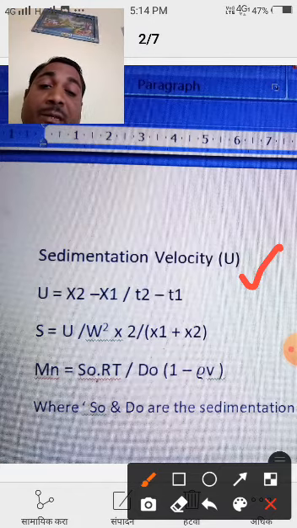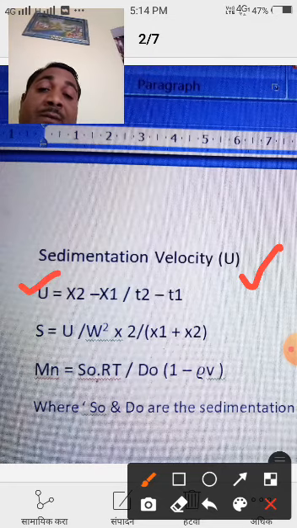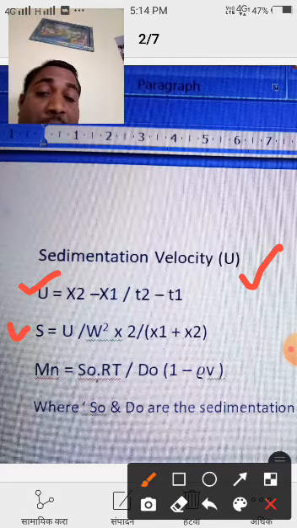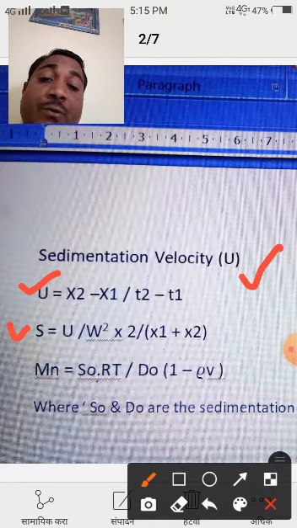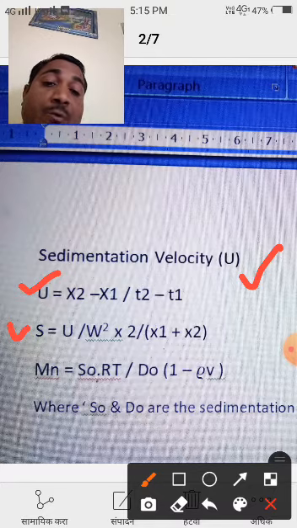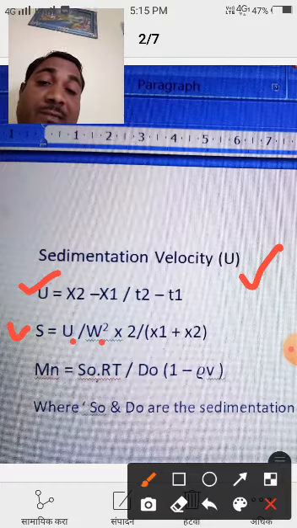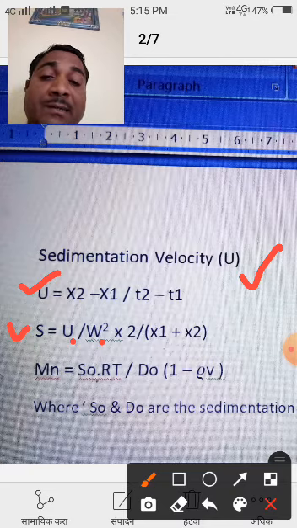From the value of sedimentation velocity, we can calculate the sedimentation coefficient, denoted by the letter S. S is equal to u by omega squared into 2 by x1 plus x2, where u is the sedimentation velocity and omega is the angular velocity, which is calculated from this experiment.